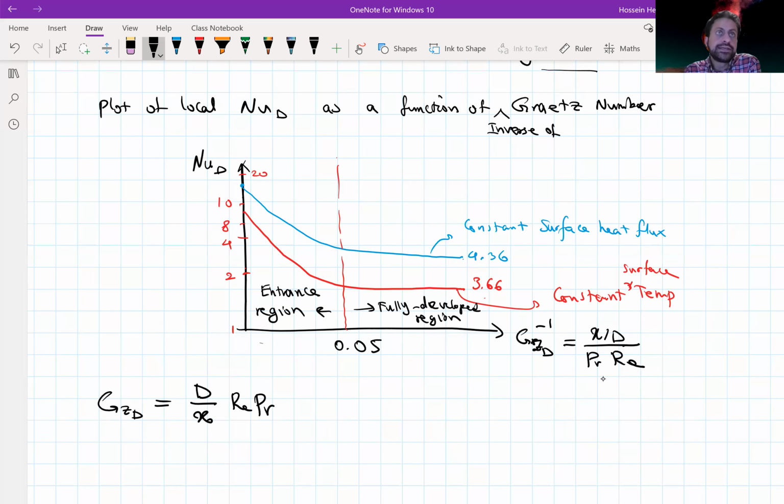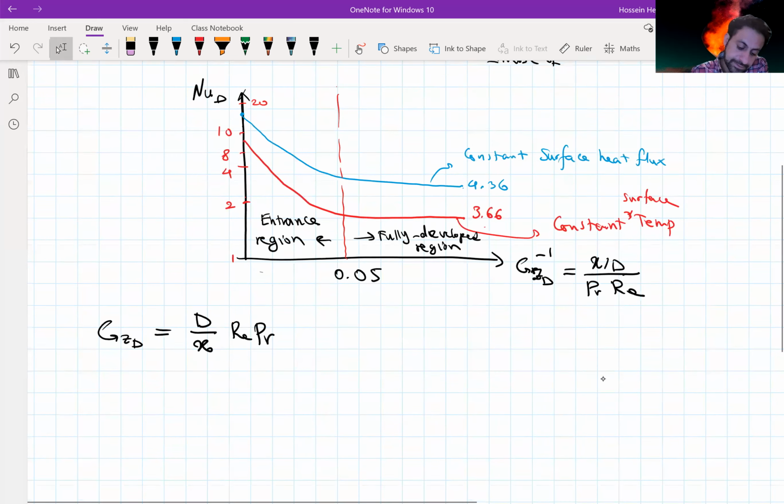So at the fully developed region, the Nusselt number for both constant flux and constant temperature are reaching the constant values of 4.36 and 3.66.